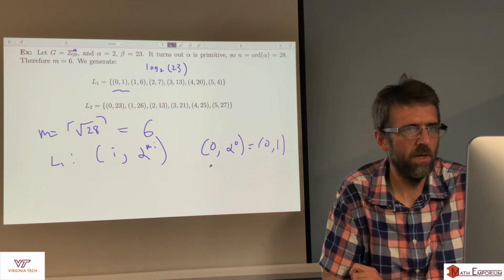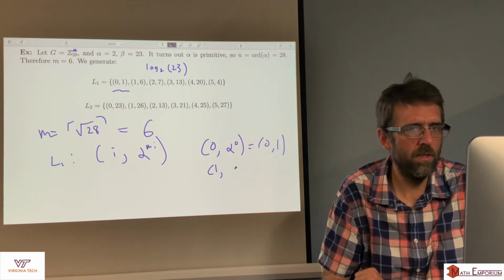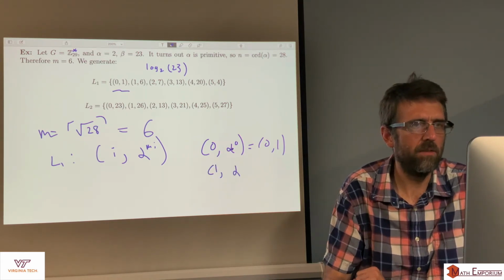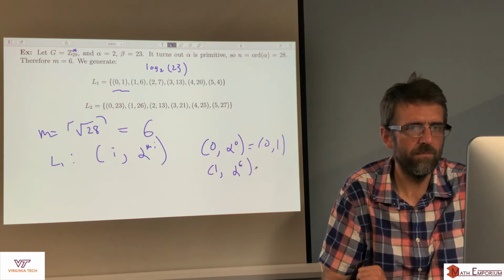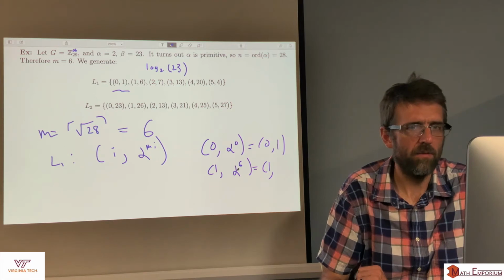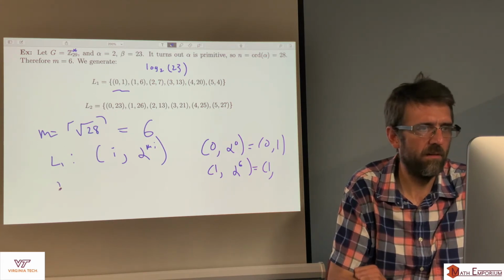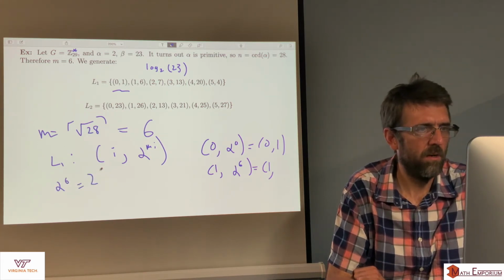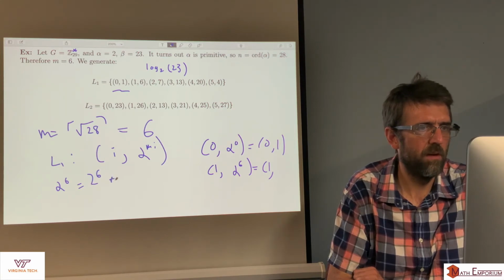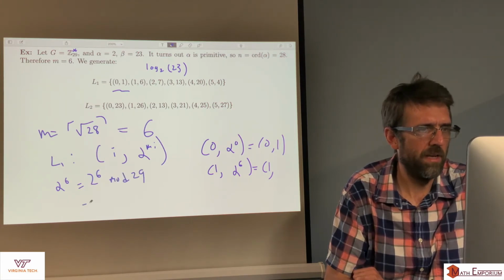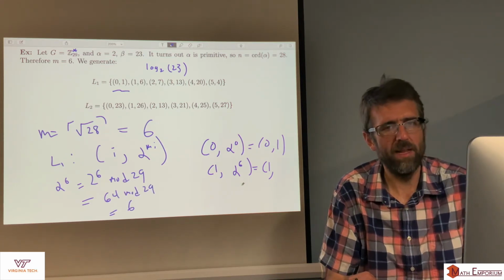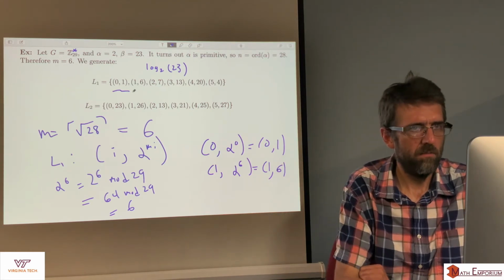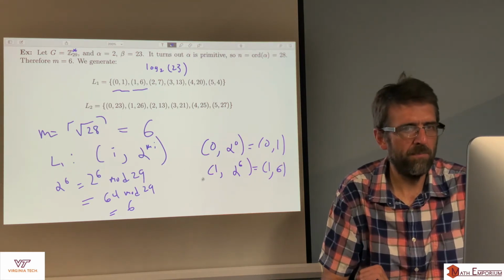I would get 1 comma alpha to the m times 1. So what's alpha to the 6 in this group? Well, that's 2 to the 6 mod 29. 2 to the 6 is 64, and 64 mod 29 is 6. So that's where this is coming from.